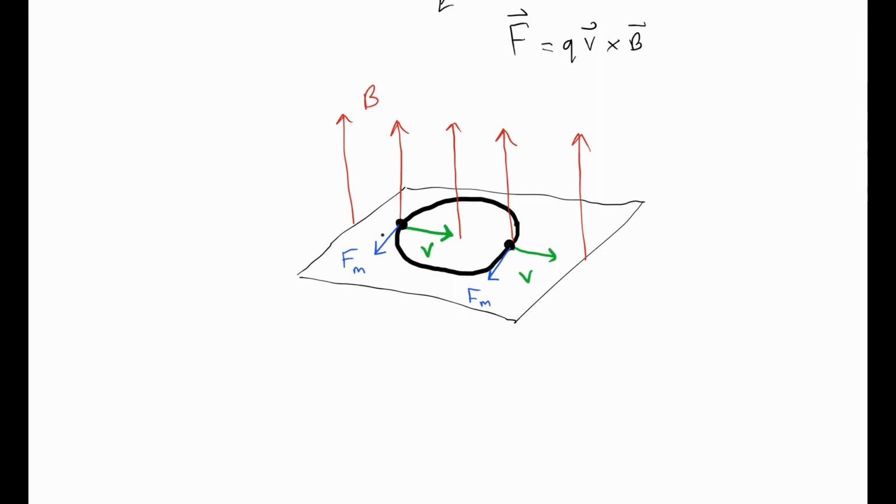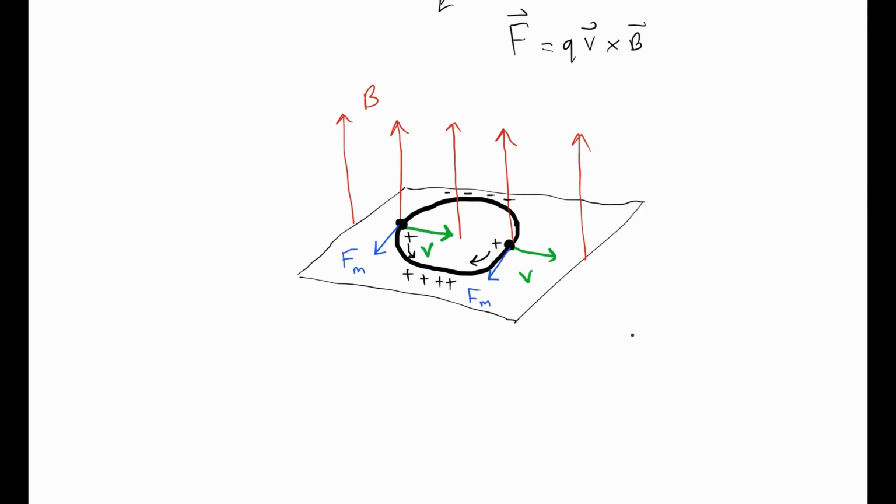And so what ends up happening is positive particles, they want to go counterclockwise, but they also at the same time want to go clockwise. And so all this is going to do is just polarize our loop. So we're going to get an accumulation of positive charge on one side of the loop, and we'll get an accumulation of negative charge on the other side. So the loop becomes polarized, but no current flows in a complete loop in this case.